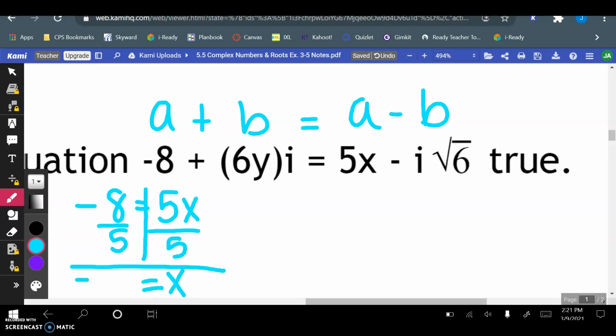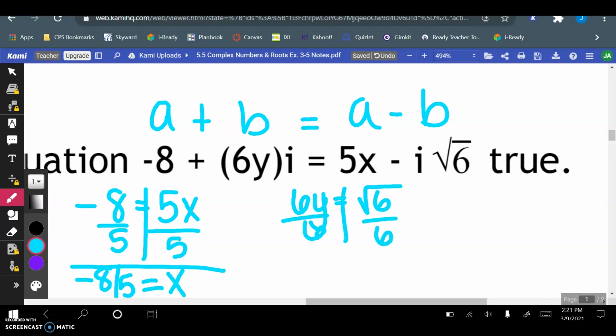So x equals -8 fifths. And then take the b's, the imaginary part, and we'd have 6y equals the square root of 6. So then I have to divide both sides by 6. So y equals the square root of 6 divided by 6.